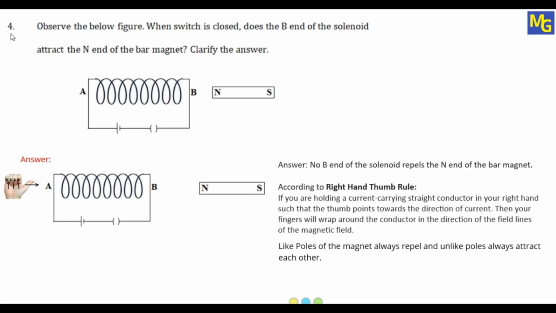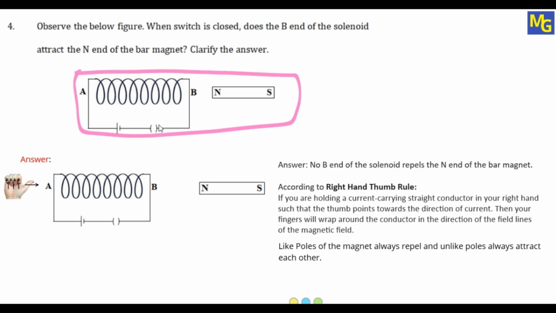So the fourth question is, observe the below figure. When the switch is closed, does the B end of the solenoid attract the N end of the bar magnet? Clarify the answer. So here what you have to do is observe this figure, and they are asking when the switch is closed.